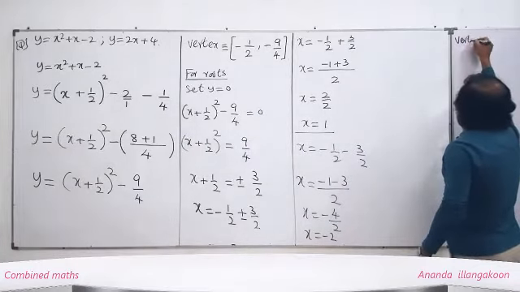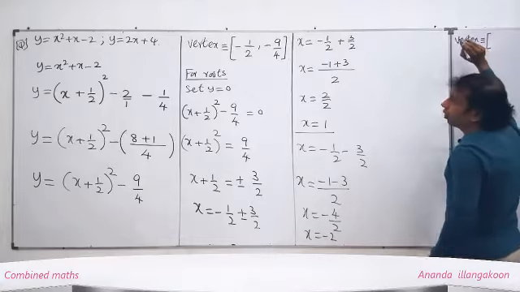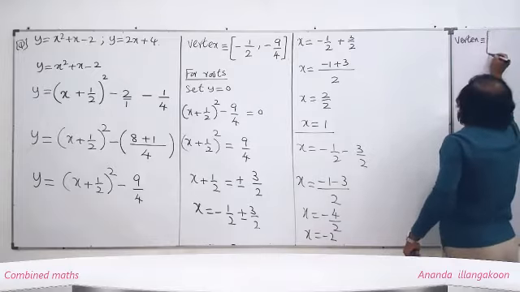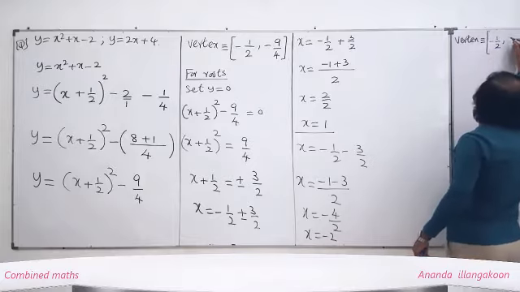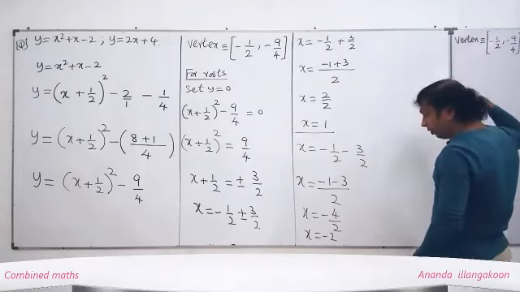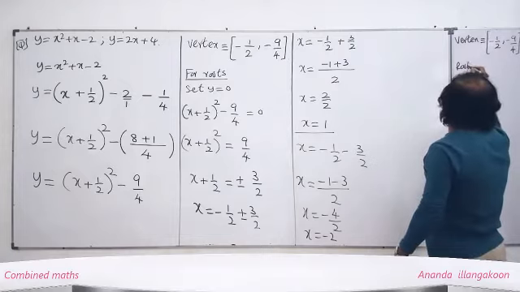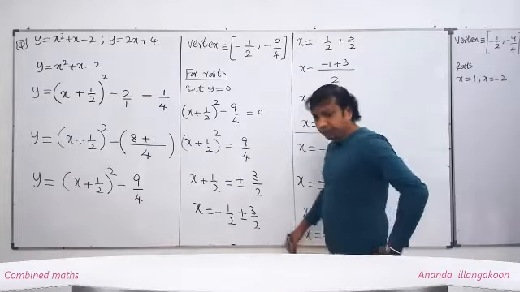Vertex is minus half, minus 9 by 4. And roots are, people, 1 and minus 2, right? This way we get.